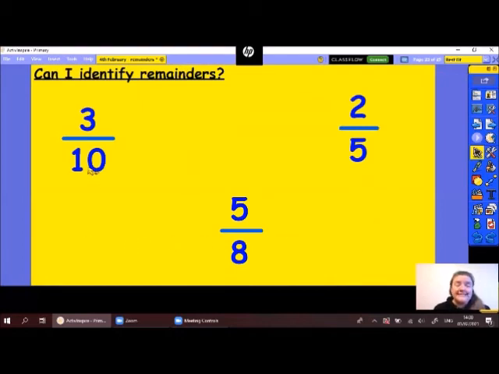Or you'd have a pizza cut into 10 pieces and you've got 3 of them. Or you can think of it as like a test score, or like when we're doing TT Rockstars and you get a score out of 60. So this is, for example, 5 out of 8. The line in the middle basically means out of, and that's really important for you to remember today.